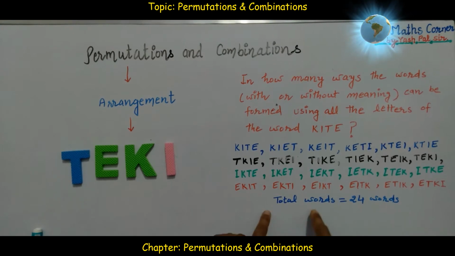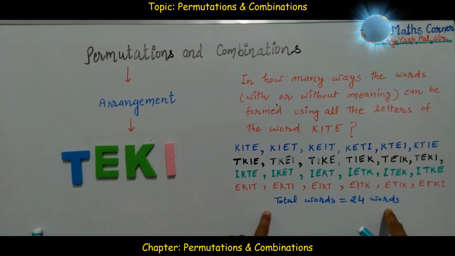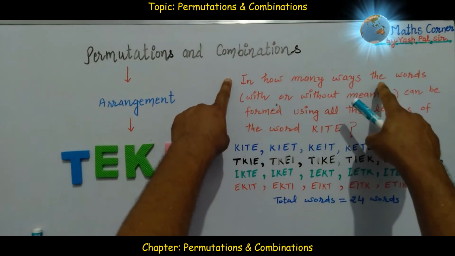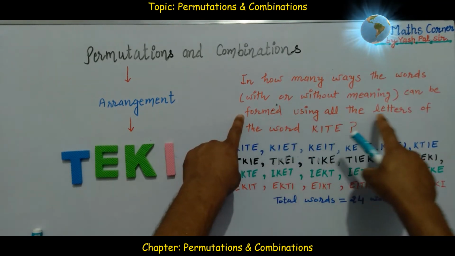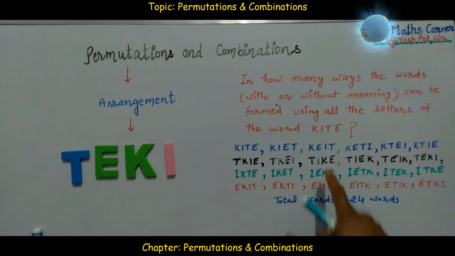Total words: 24 words. In how many ways can words, with or without meaning, be formed using all the letters of the word KITE?